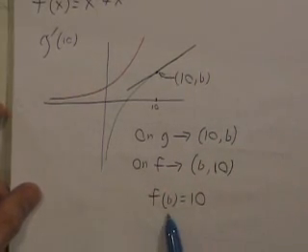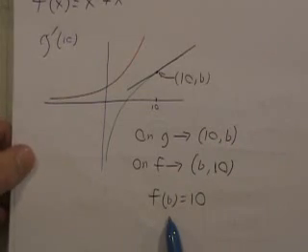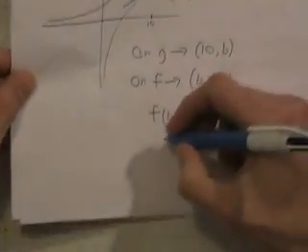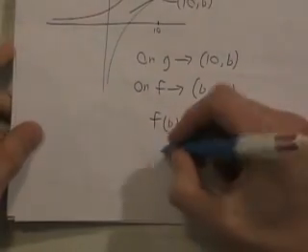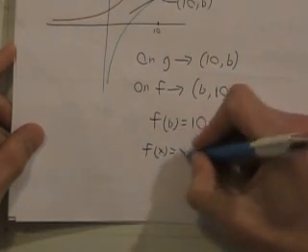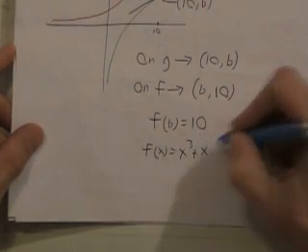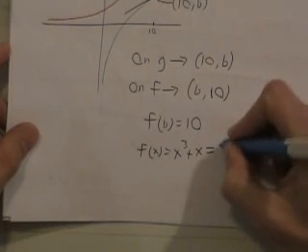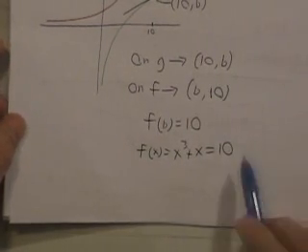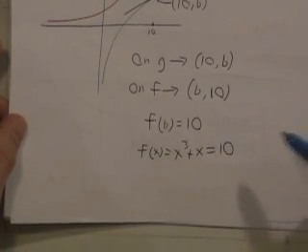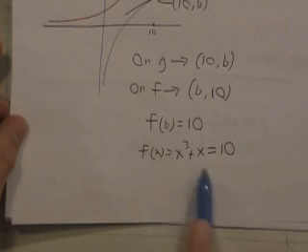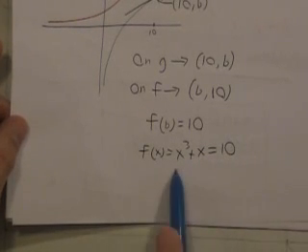We can figure out what that value of B is by setting f equal to 10, right? If f of B is 10, then since f of x is x cubed plus x, we would set that equal to 10 and figure out what the value of B is. It might take a little bit of guess and check, but for purposes of this video, everything is going to be easy when it gets to this part.